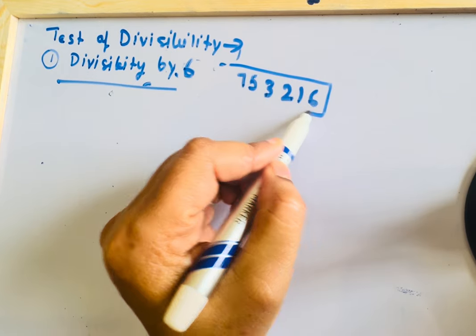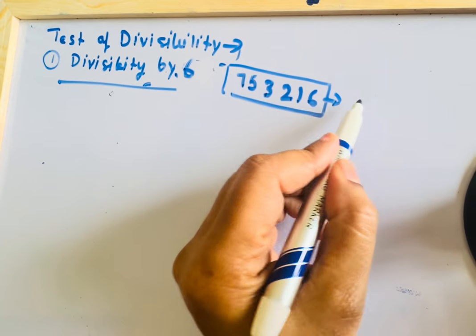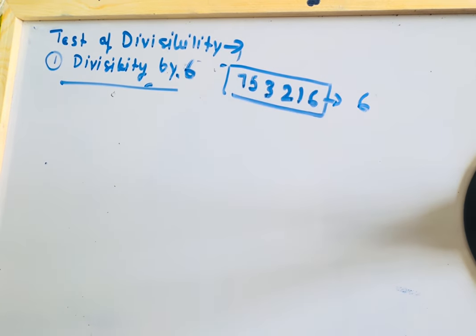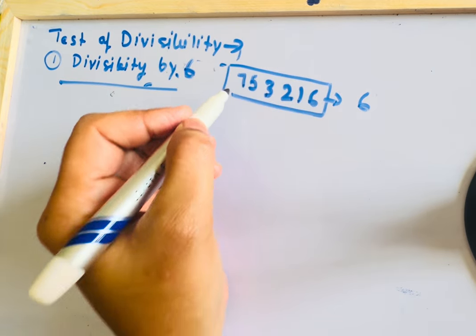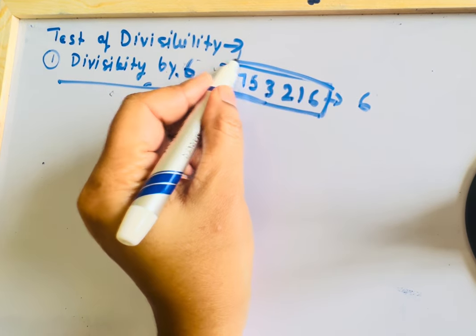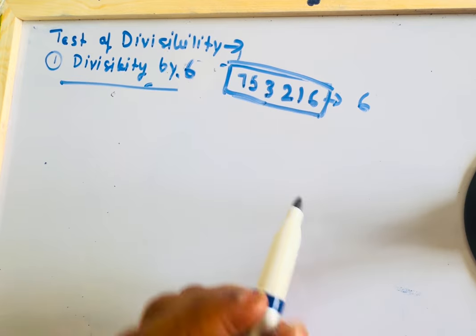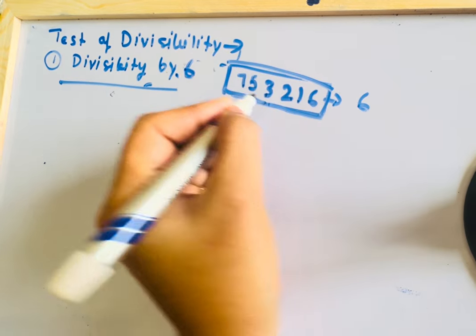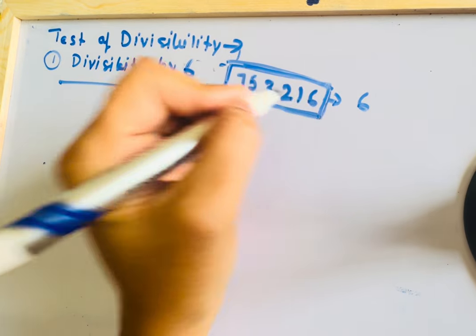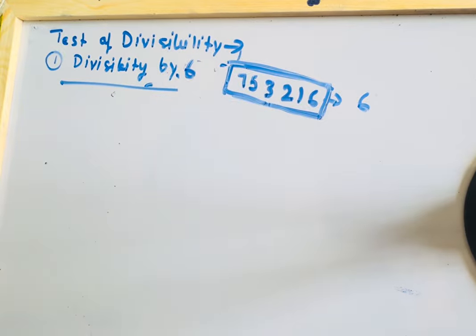You want to check whether this number is divisible by 6 or not. How to check? See, if the sum of all its digits is divisible by 2 and 3 both.